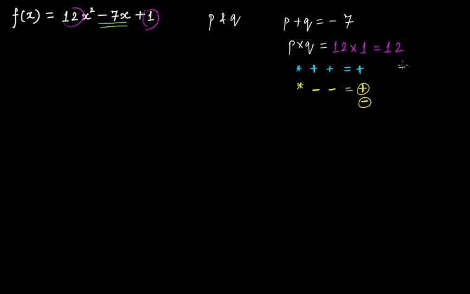It cannot be one positive and one negative, otherwise your multiplication will be negative. And if both are positive, your addition will be positive, not negative. So both the numbers have to be negative.